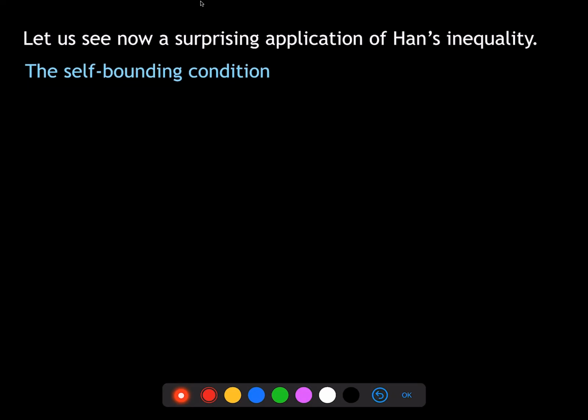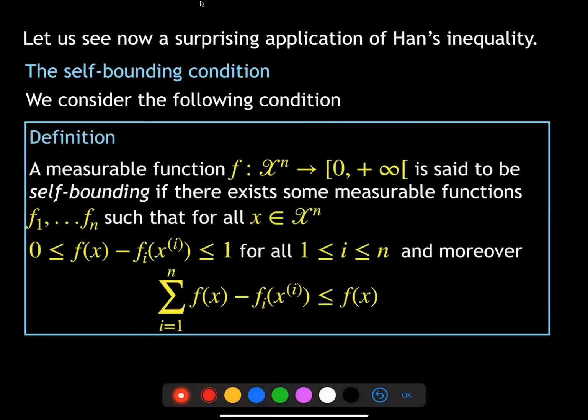So more precisely, a function of n variables will be said to satisfy the self-bounding condition if and only if there exists some function f1, ..., fn, such that when you subtract from f of x the functions computed only at x bracket I (x bracket I is always the same guy, that is, you start from x and you remove the I coordinate), you stay between 0 and 1. This is the first thing.